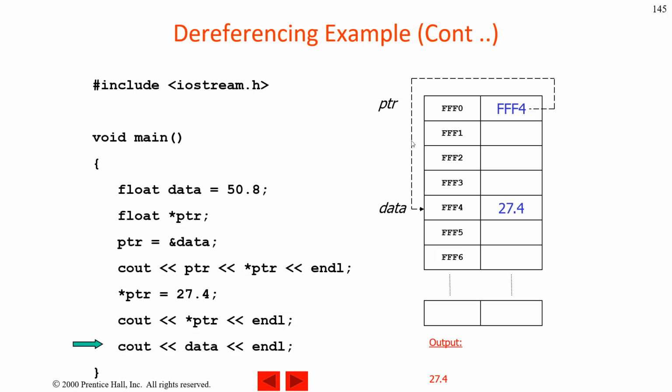I hope with the several examples that we have used in this video, it should be clear. Basically we have four things: the value, so this is the variable, this is its value, and this is its address. This is a pointer, this is the address of the pointer, and this is the value of the pointer, which actually is also an address, because that is what pointers are for. They are there for storing addresses.